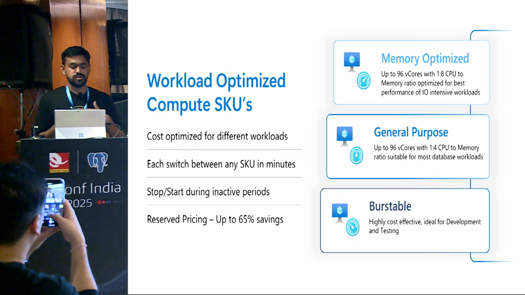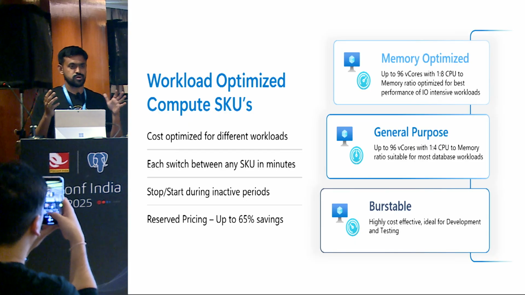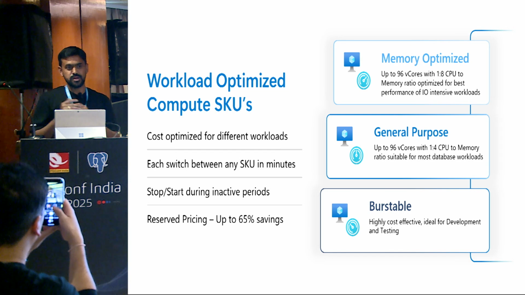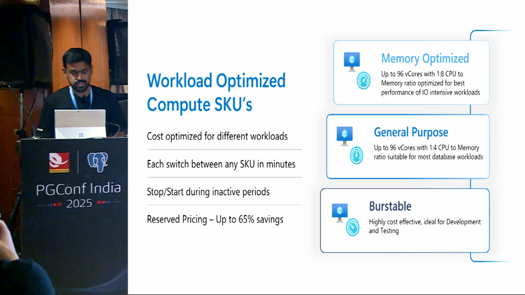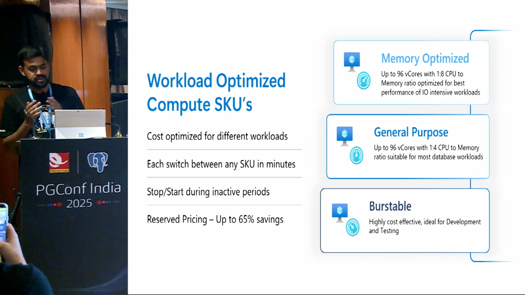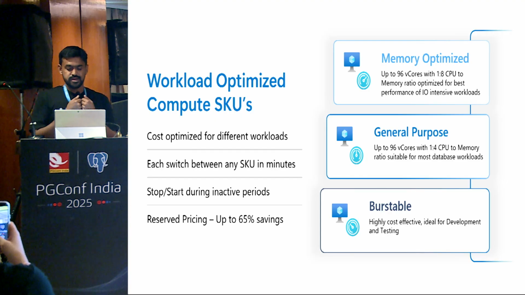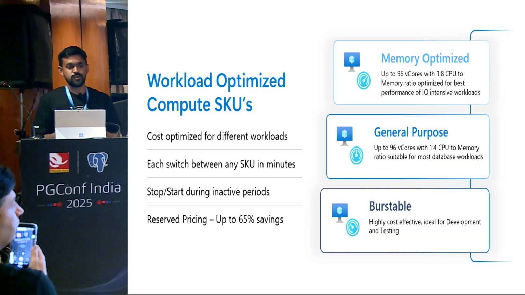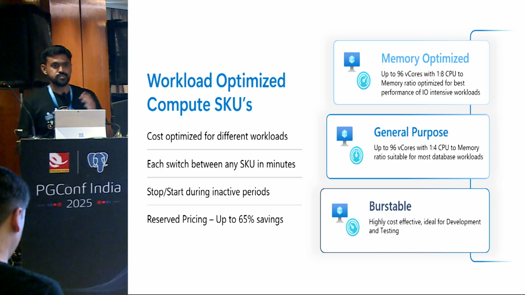So that is mainly for the memory optimized SKU. And general purpose is another SKU which offers more balance in terms of the memory to vCore ratio. The majority of OLTP transactions fit well within this SKU. And finally, the burstable SKU is something that we want to give customers as an easy way to get started without much investment. So if you want to do a POC, or if you want to do some testing, you can get started with burstable.